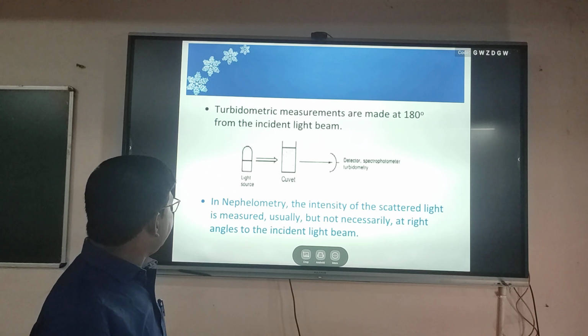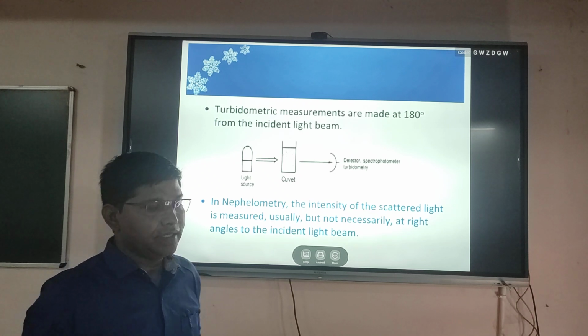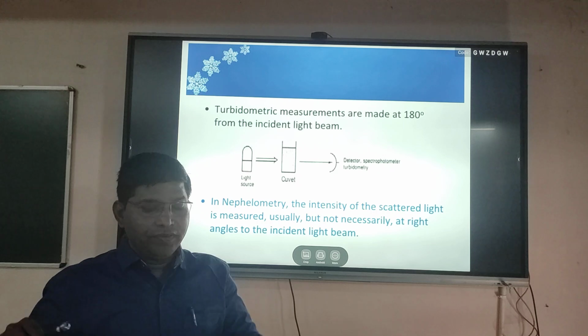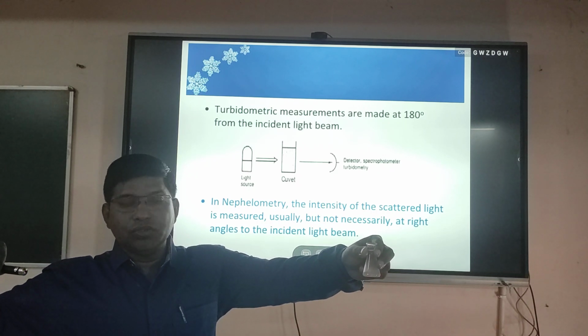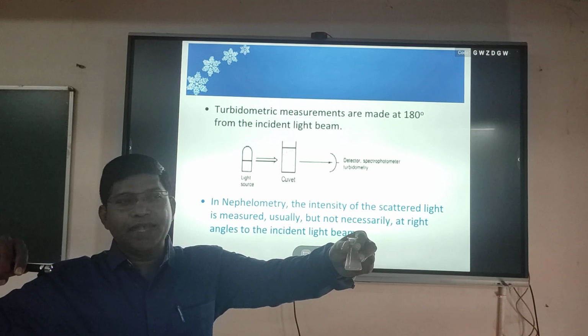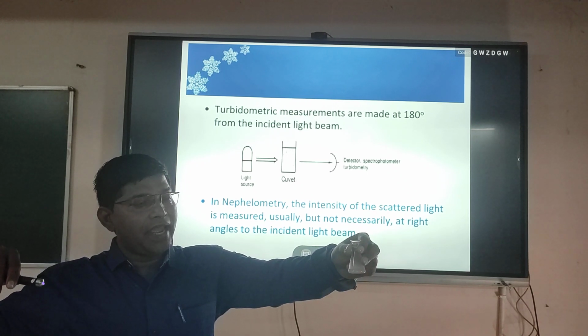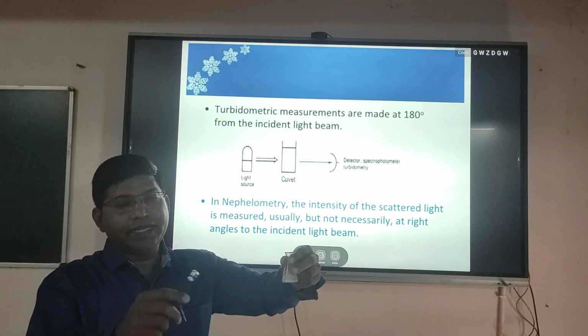In nephelometry, the intensity of scattered light is measured, usually but not necessarily at right angles to the incident light. Generally here it is the same: we pass the incident visible light onto the solution, then there is scattering of light.